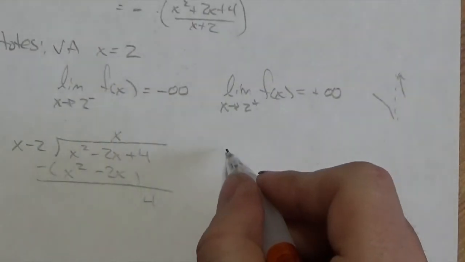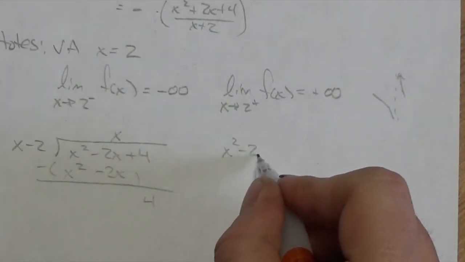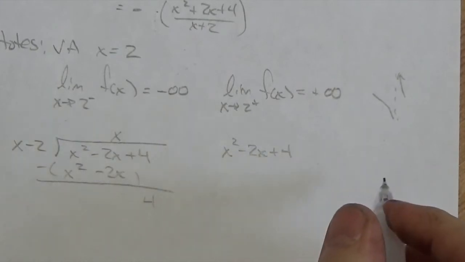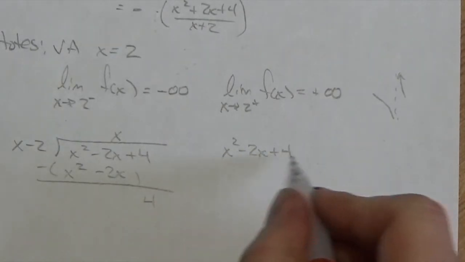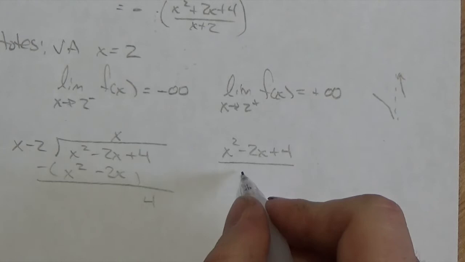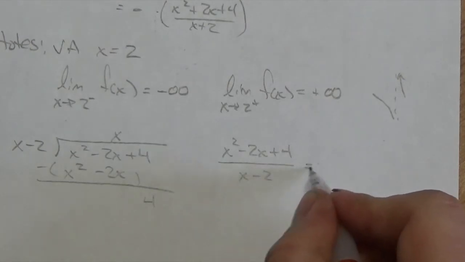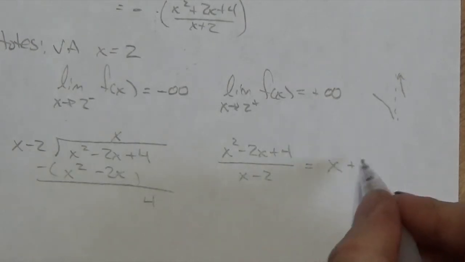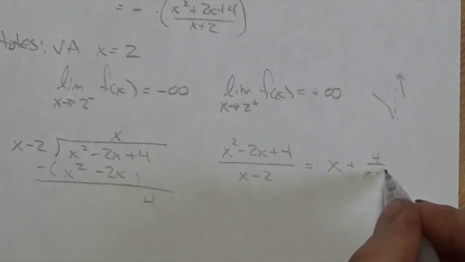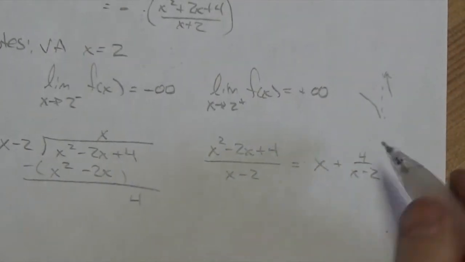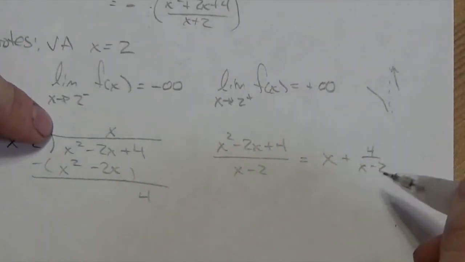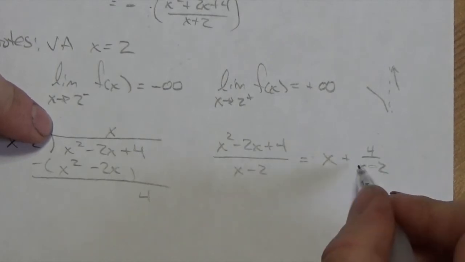So essentially, x squared minus 2x plus 4 divided by x minus 2 is going to be the same as x plus 4 over x minus 2. Essentially what we're saying with that remainder is there's this little piece left over that still needs to get divided by x minus 2.